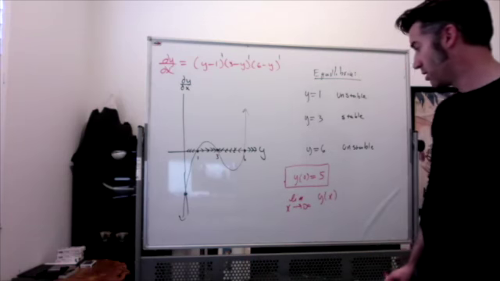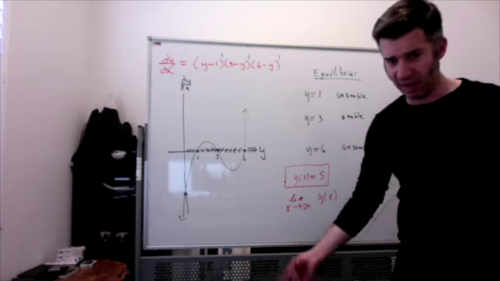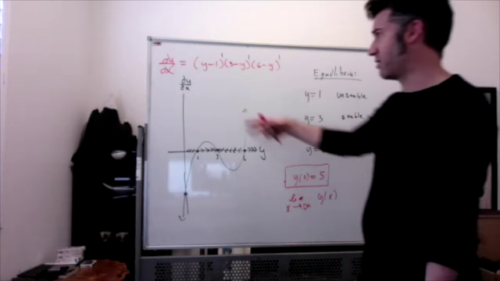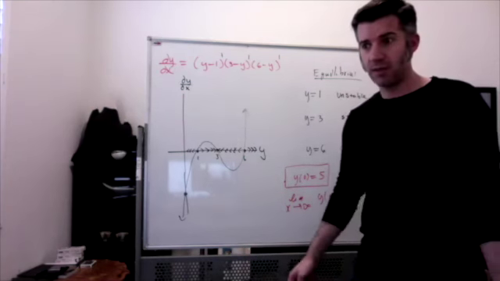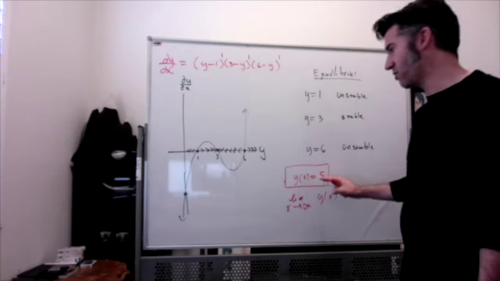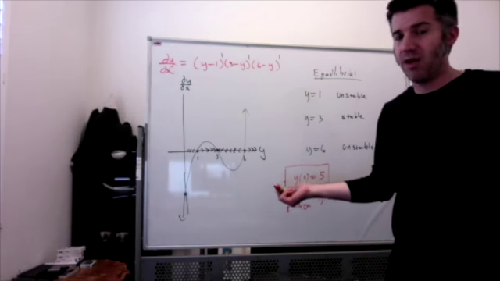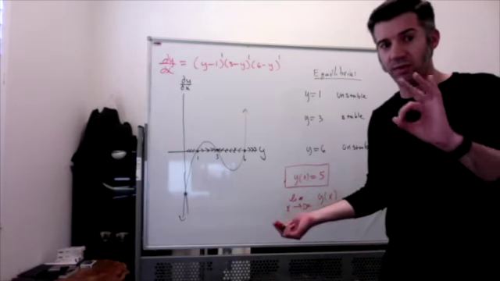Okay. So here's the problem. Our graph doesn't have x on it, right? We're graphing the derivative versus y. What we're saying is y of 0 equals 5. At time equals 0, I don't know how to graph that exactly, but what I know is that y is equal to 5.